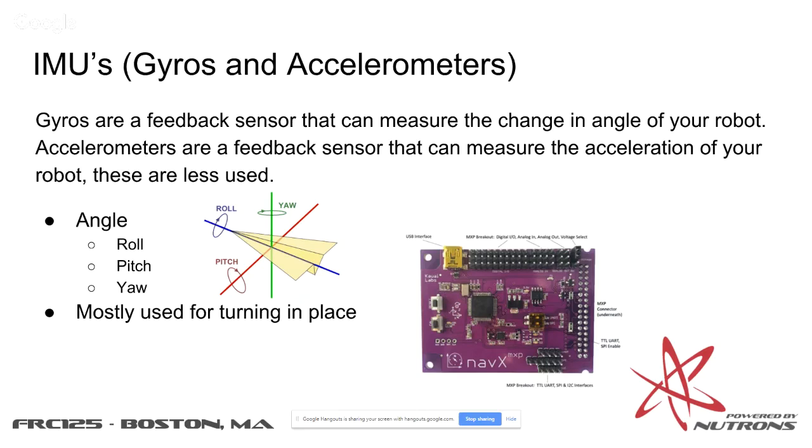Gyros are a feedback device that measures your change in angle, and accelerometers measure your acceleration. There's 3 types of angles that you can measure with most gyros. There's roll, which is like this, yaw, which is like this, and then pitch, which is like this. You really only worry about yaw because your robot's not going to be rolling or pitching, hopefully.